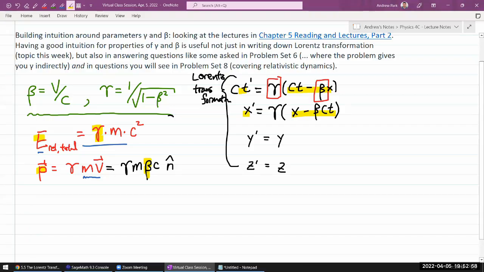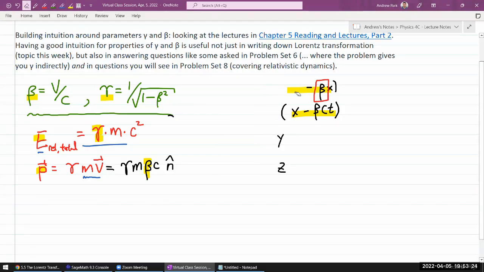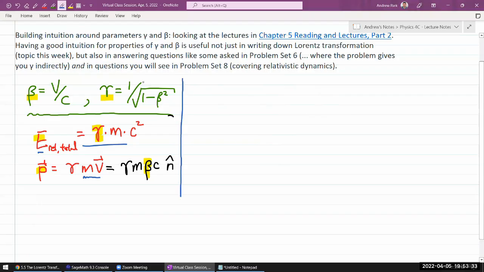For the remainder of today, I want you to have some number sense for beta and gamma. When you're trying to get a number sense for these quantities, it's useful to have these three different expressions, which I will numerically plot, so that we can start to gain that number sense. One quantity is gamma, and we can write it in terms of beta: 1 over the square root of 1 minus beta squared.